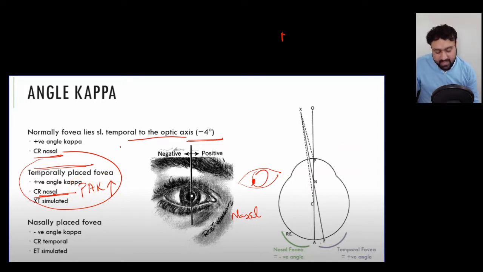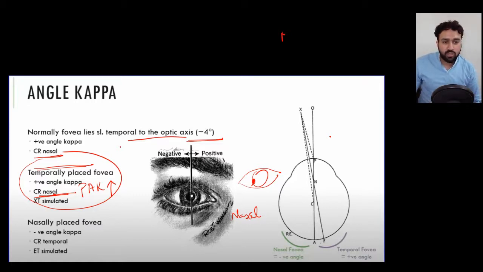Now, let's bring our knowledge of Hirschberg back to the equation. In Hirschberg, we said that if the eye goes out, if there is exotropia, the corneal reflex will be seen on the nasal side, right? So if there is 15 degrees exotropia, then the corneal reflex will be seen at the edge of the pupil, because that was our numbers.